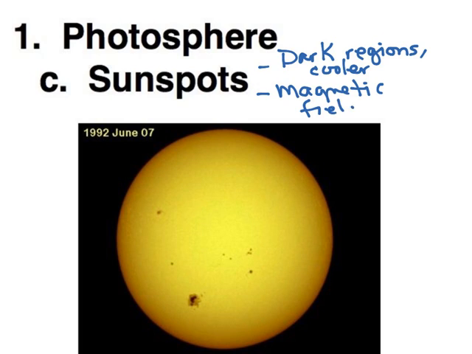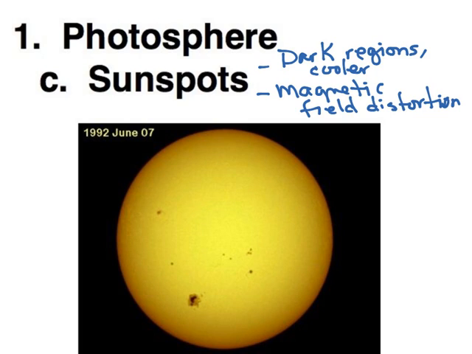And there is a separate tutorial all about how sunspots form and how it's related to most of the features that we'll be talking about in the solar atmosphere. But for now, we just want to talk in terms of what we know about sunspots in appearance.